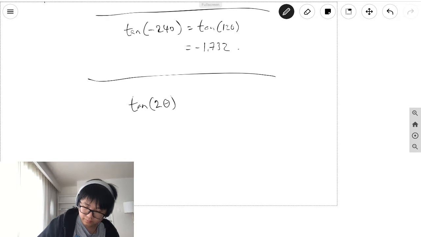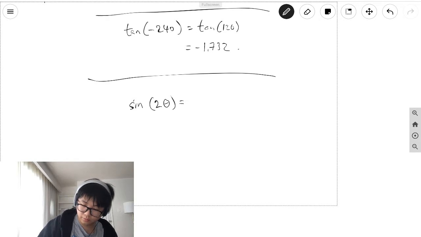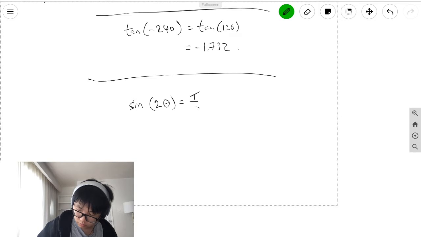Let's stick with sine. Sine 2 theta equals root 3 over 2. And then solve for me between 0 and 360.